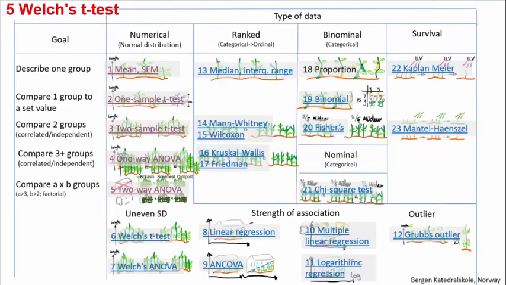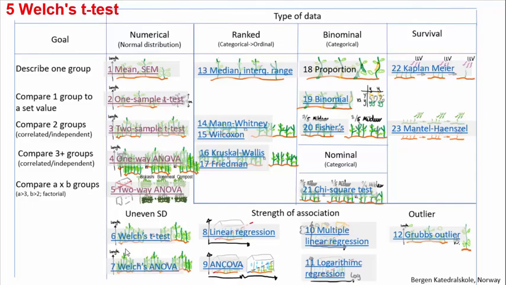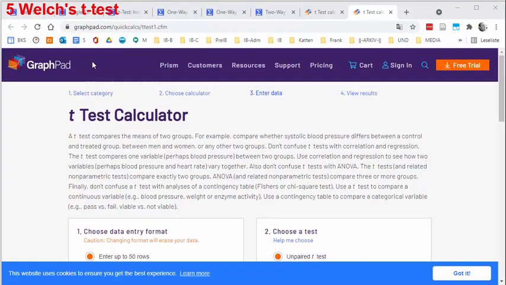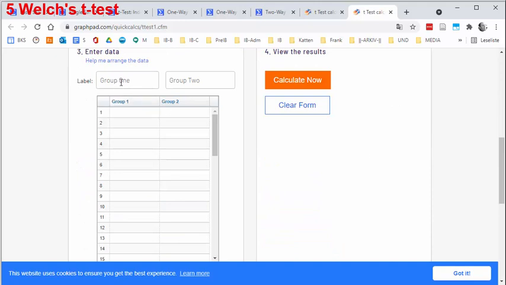If you have uneven standard deviations, as I showed in a previous slide, meaning that the standard deviation of one group is very different from another, then you have to use Welch's t-test. Here you come to a GraphPad tool, you choose enter up to 50 rows, and you choose Welch unpaired t-test, and then you can label the two groups.